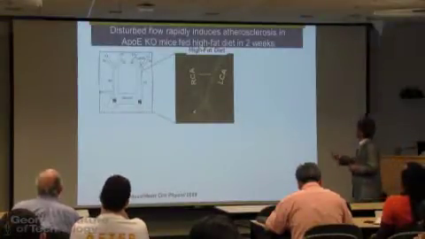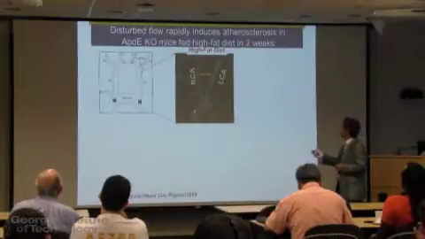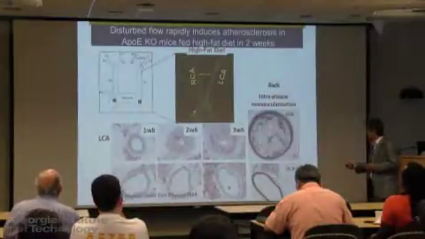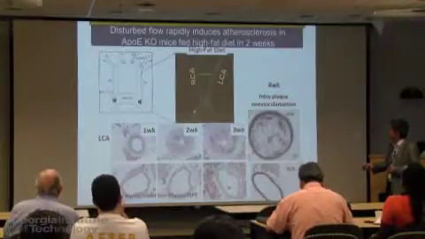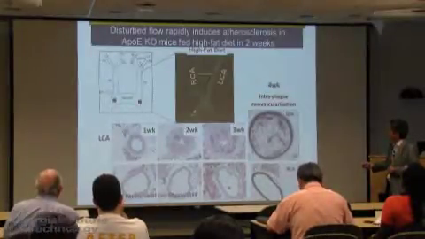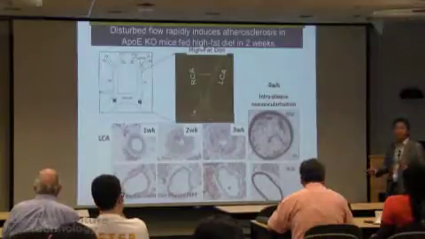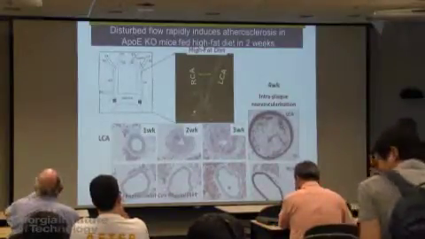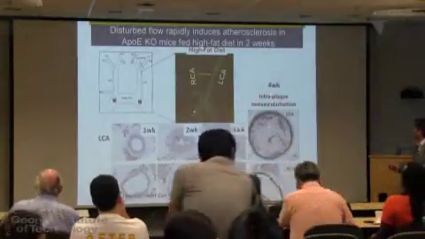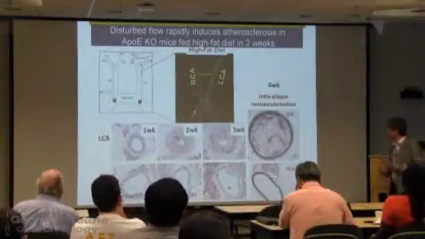And if you look at the details in the cross-section in a time-dependent manner, this is what you see. In the left side, where flow is bad, at 1 week, 2 weeks, you can already see this red staining, meaning you have atherosclerosis already developing in 2 weeks. By 3 weeks, it becomes bigger. By 4 weeks, it's almost closed off.